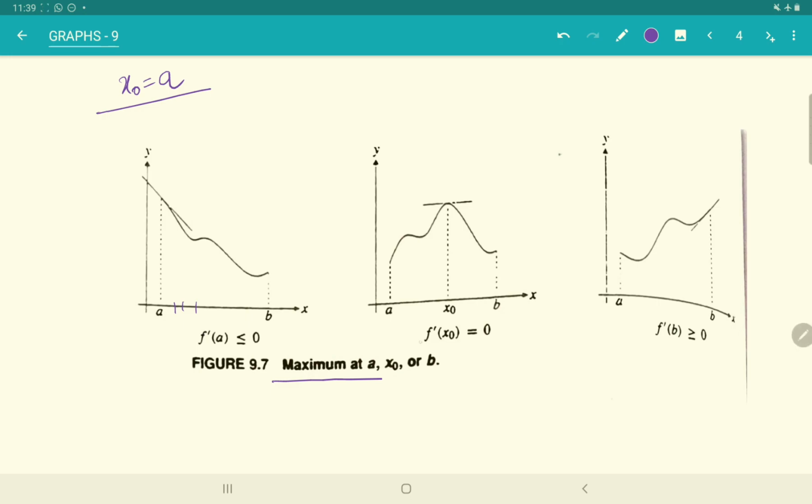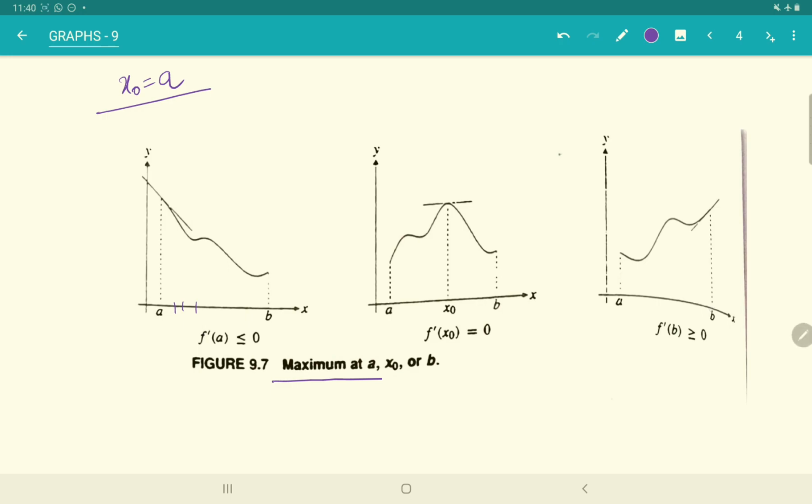Also, if we take the third diagram, let's say the maximum is at b. I know that the function is differentiable in this closed bounded interval ab, and let's say x naught is equal to b.